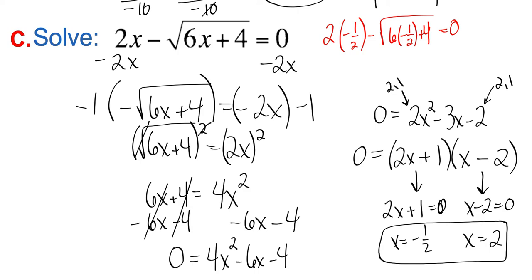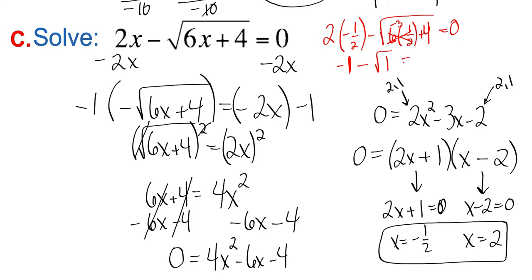So 2 times -1/2, that's a -1 right there. And then inside my radical, 6 times the -1/2, that's a -3. So inside here, we're going to have a 1. So square root of 1 equals 1.